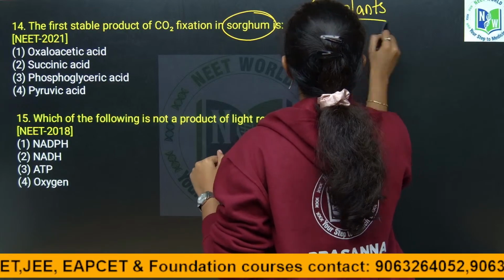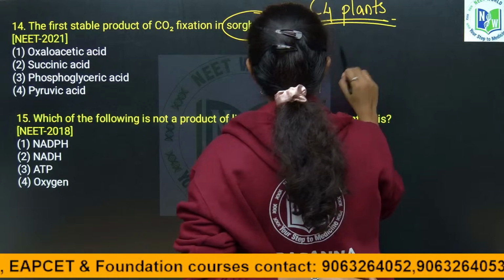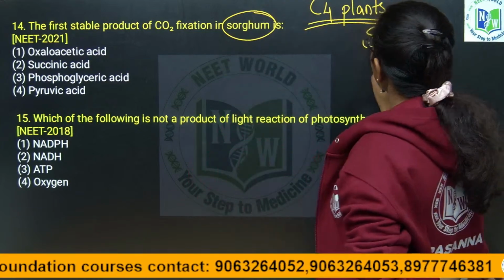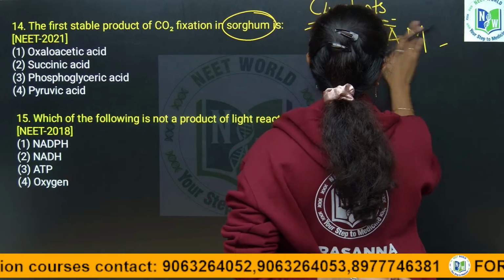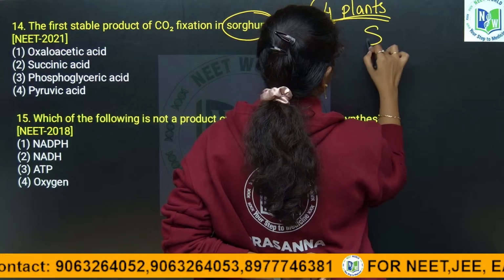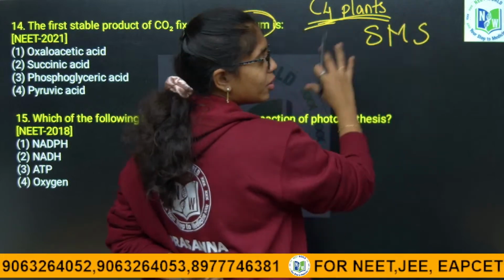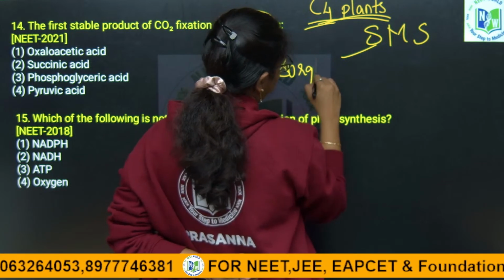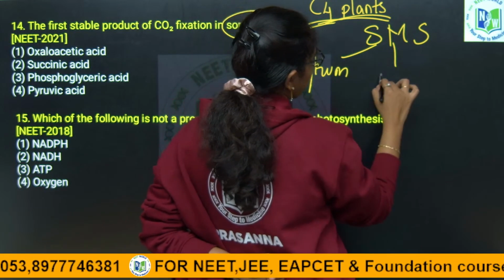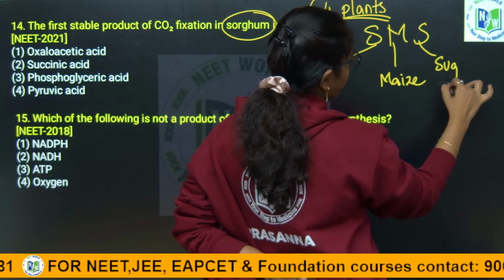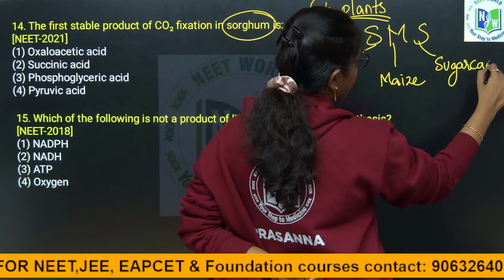The best examples you can remember like SAM, interesting, right? Sorry, it is SMS. SMS is the shortcut to remember C4 plants: sorghum, maize, sugarcane.